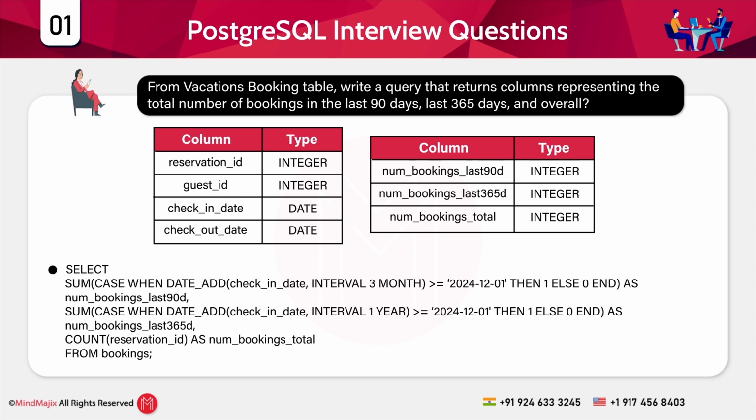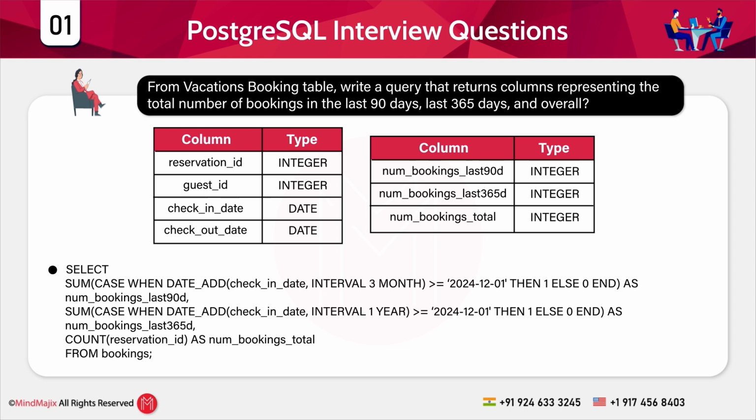Our query will look something like this. Obviously, we start with select, and then we use the aggregate function sum. In the first case, we are using the aggregate function sum, and we define the case when date add of the check-in date, which is our first column, with an interval of 3 month, is greater than or equal to today's date.